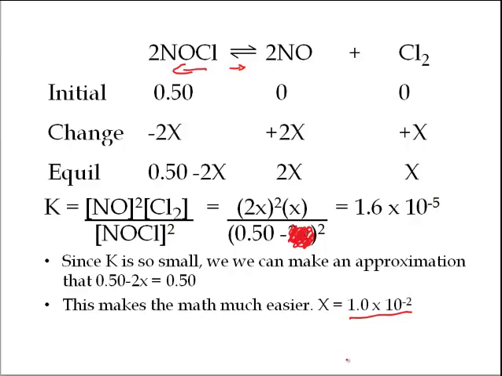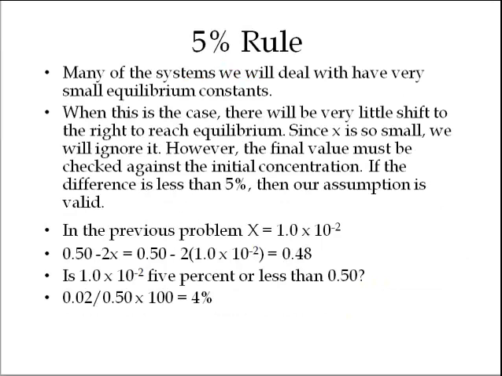And how do we know that this is a reasonable way of doing this? Well, we have what's called the 5% rule. And the 5% rule looks like this. If the value of x is less than 5% of the original amount, then our assumption is valid.